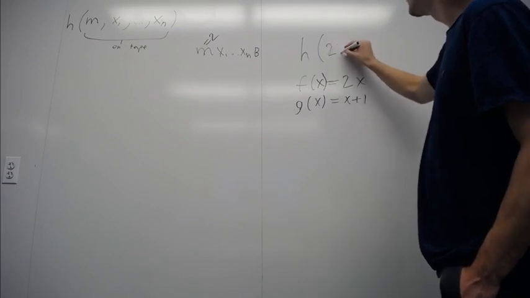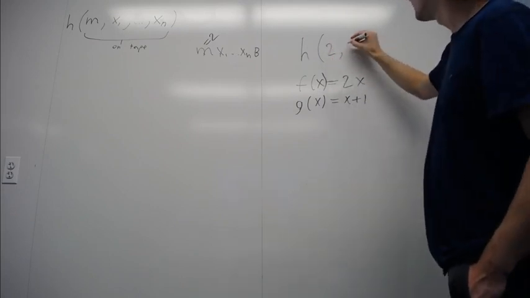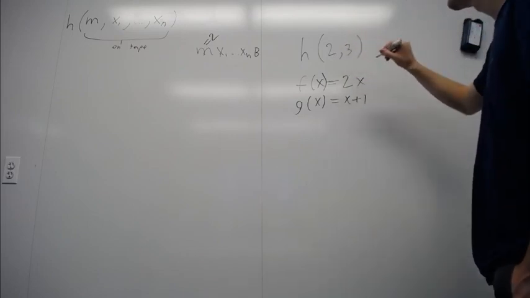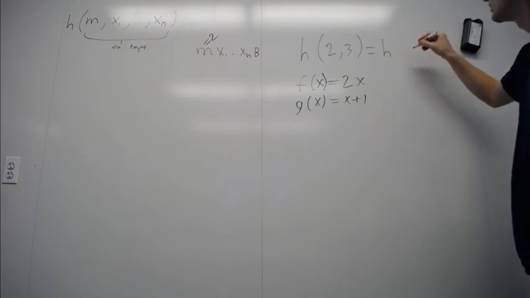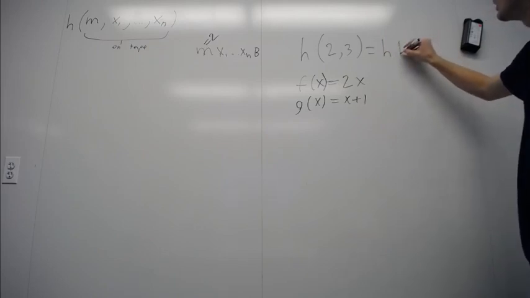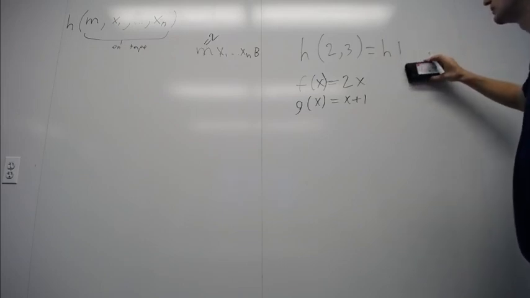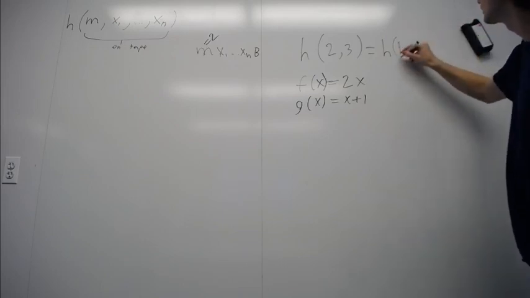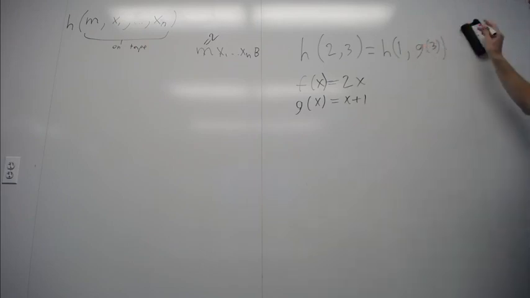If I take h of 2, so this is the number of times I'm recursing, and then I put in 3, well, what happens? H of 2, 3 is equal to h of 1 g of 3, right? Is that right?